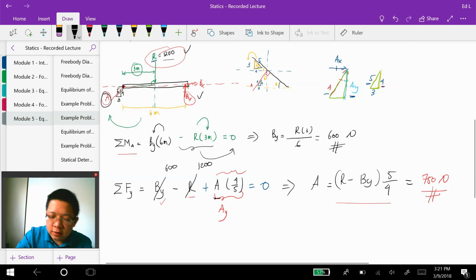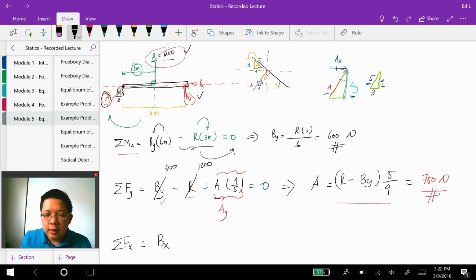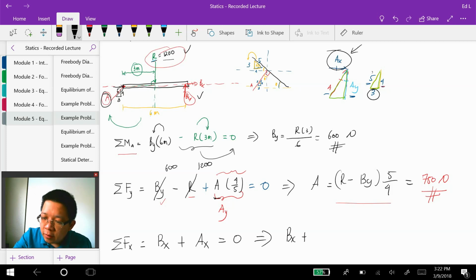The last equation that we can write is the sum of forces in the x direction. Here the first force is Bx, and the second force is Ax, and we assume that Ax is going to the right, so it's positive, and set it equal to 0. So we have Bx plus 3/5 times A equal to 0.